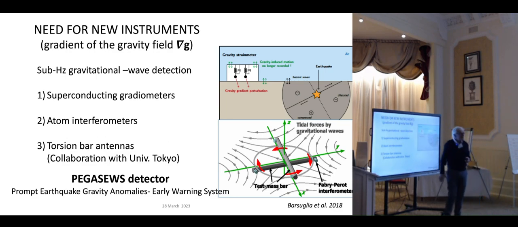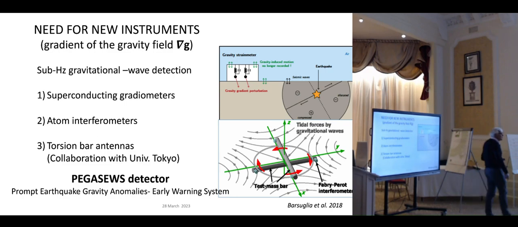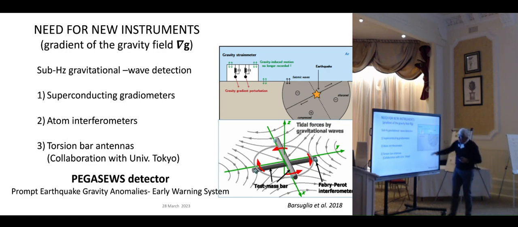Again, when we discuss with people from the gravitational wave community, there are not so many alternatives. You want an instrument that is not too expensive, but very sensitive. As I told you, there are the superconducting gradiometers, where you put two instruments, and it is one possibility, but so far they are not really operational.